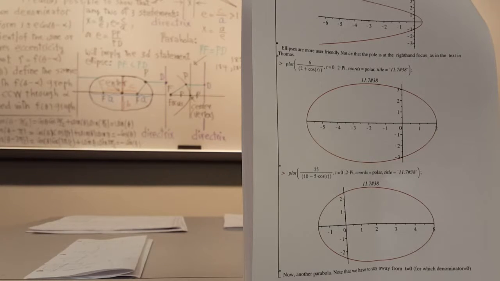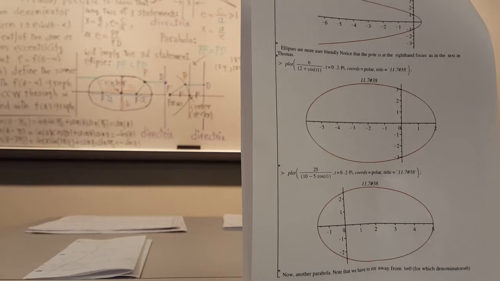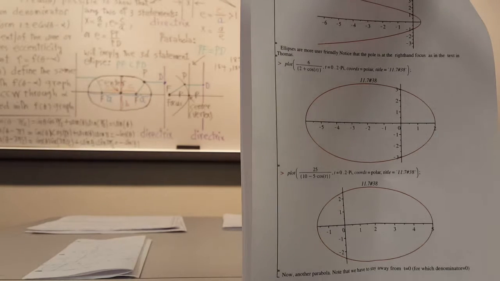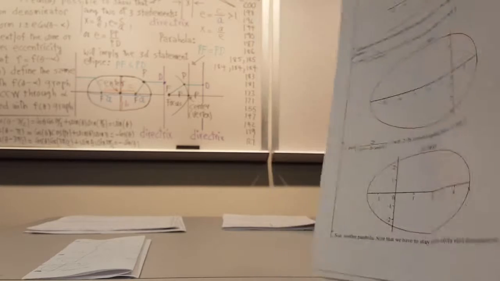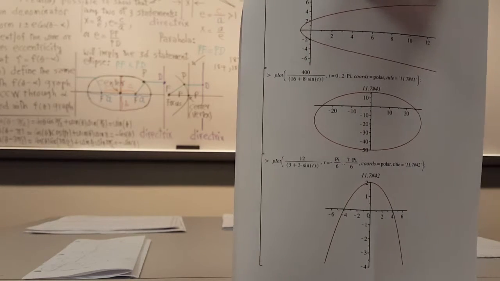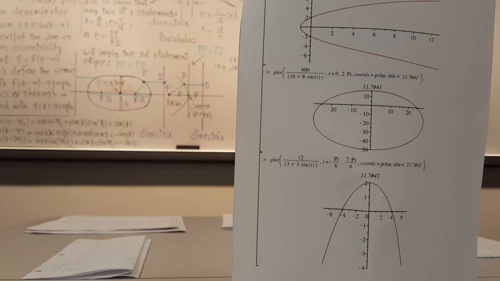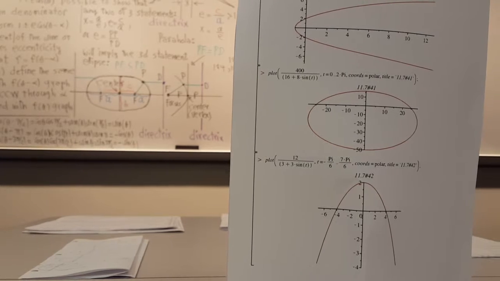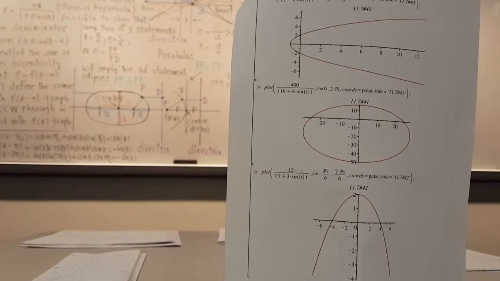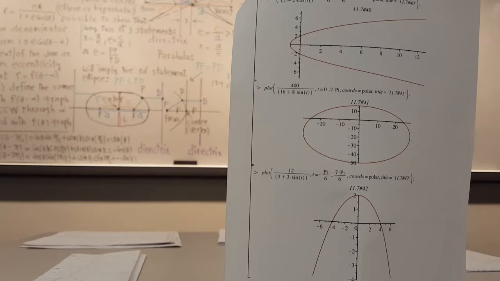So then we have another parabola, and this time we have to stay away from 0 because it's a right-hand opening parabola, as you see. And so if you were at 0 for your angle, you'd be going off to infinity to the right.